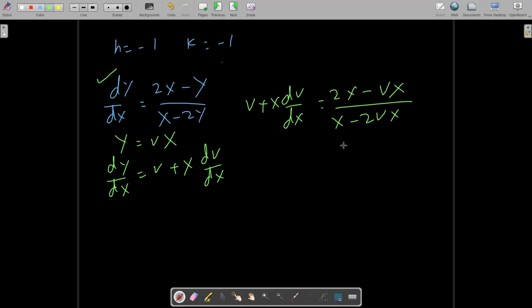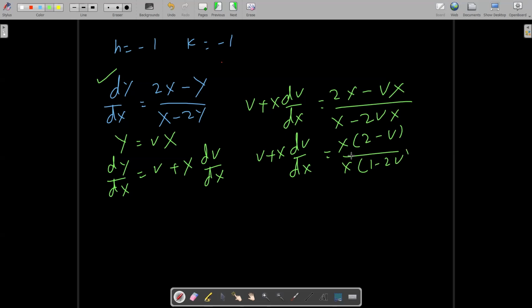Okay, we have to simplify it and make the differential equation in terms of v and x. So v plus x dv over dx equals, you can factor out x on the top, it's going to be x times 2 minus v over x times 1 minus 2v.